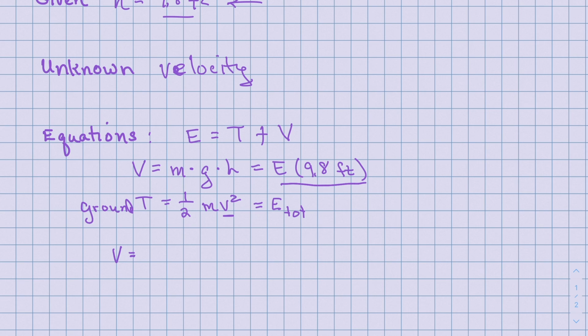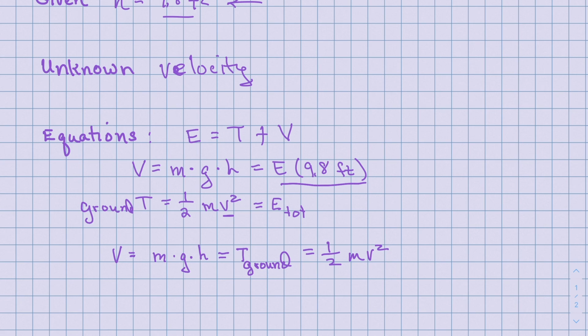So that means that at 9.8 feet, we're going to have a certain potential energy, and that's going to be equal to the kinetic energy at the ground, when the potential energy is equal to zero, and that's going to equal 1/2 mv squared.